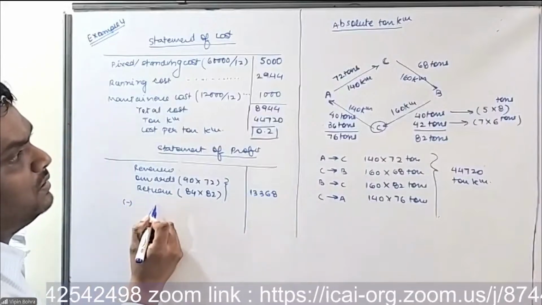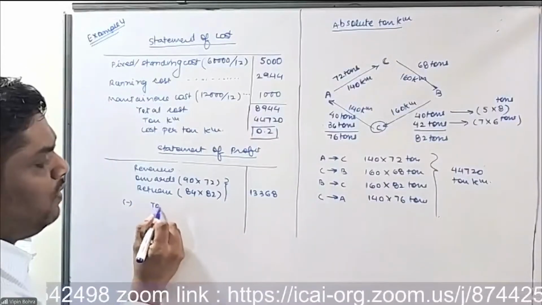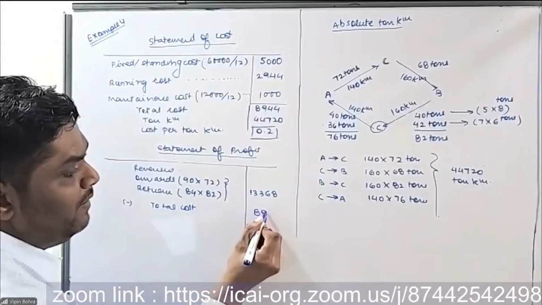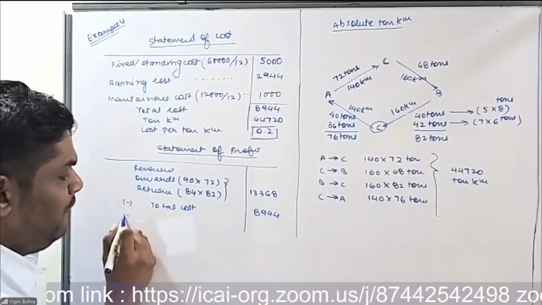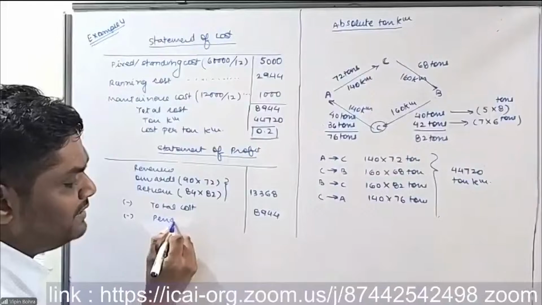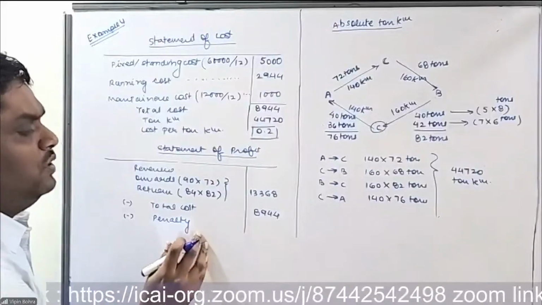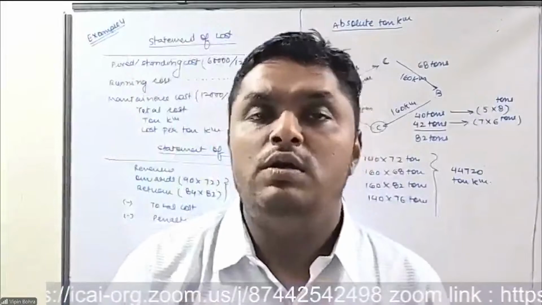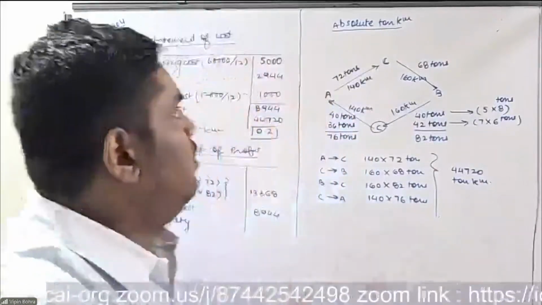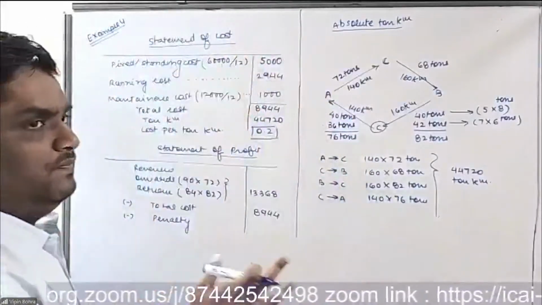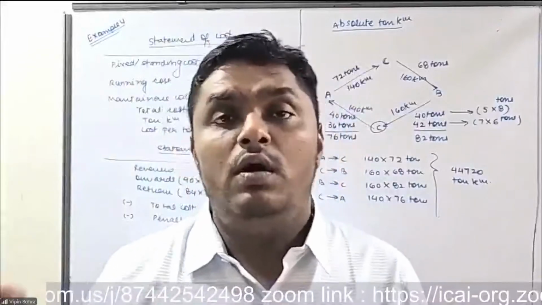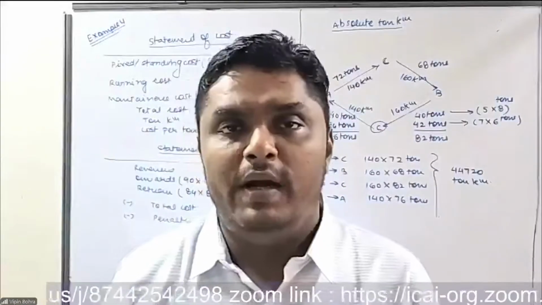minus my cost, that is the total cost, that is 8,944, minus the penalty or fine, as it is a P&L account. So the penalty will be deducted. Further, any sort of abnormal cost or penalties by whatever name called will never form part of cost. We have discussed also, any kind of abnormal cost or abnormal loss will never form part of cost.